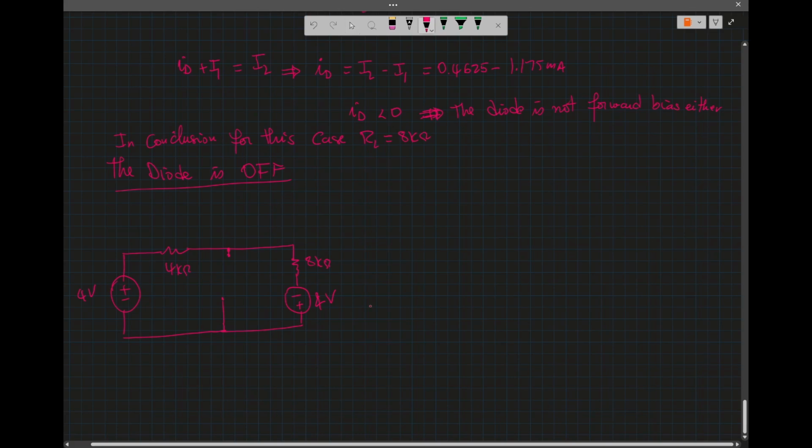So when we write KVL here, I have minus 4 volt plus 12k I. So let's say this is IL. So 12k IL minus 4 equal to 0.